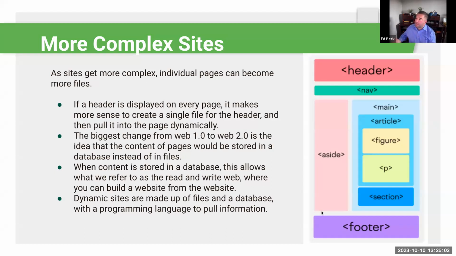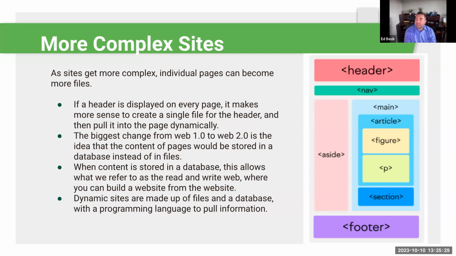And so what started to happen is people said, oh, if I want the same header on every single one of my sites, I don't want to have to retype the header over and over again. So what if we separated out that file, and I have a separate file just for my header, and then I just pull that into my site dynamically? Or if I have the same sidebar on every one of my sites, but only the content is changing.